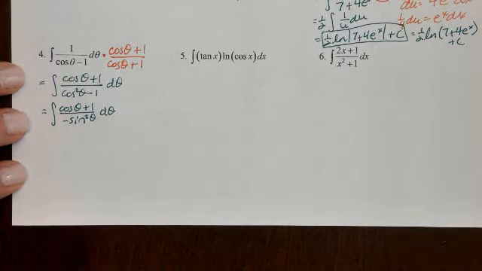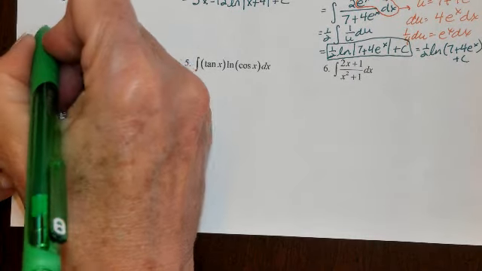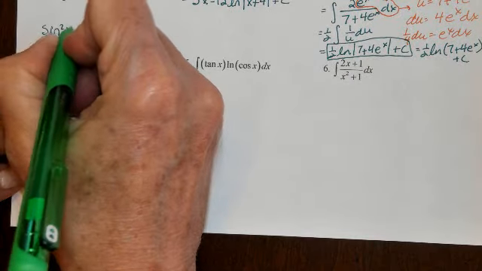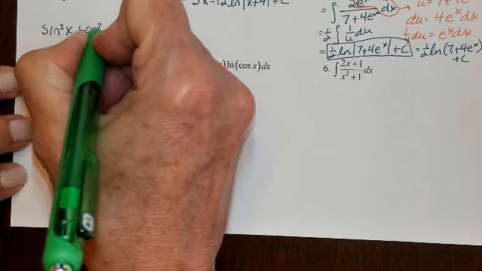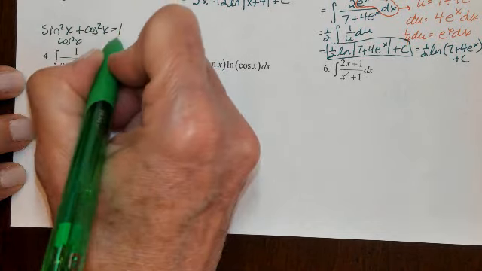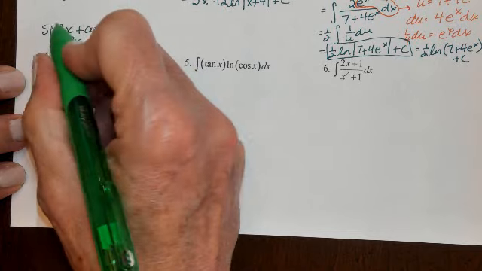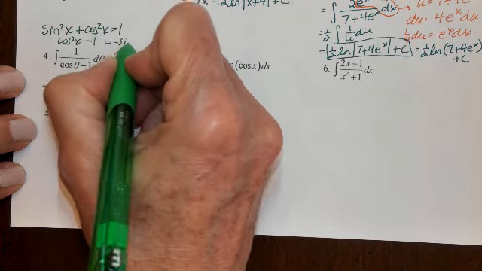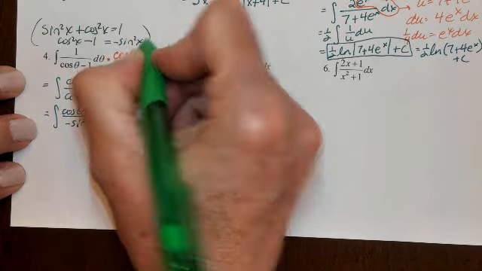And again, I got that from sine squared x plus cosine squared x is 1. So cosine squared x, I'm bringing the 1 over to the left. The sine squared goes to the other side, and it has to be negative.